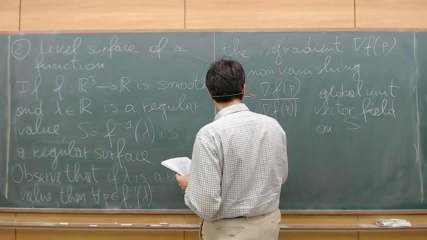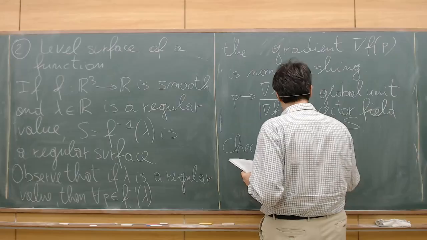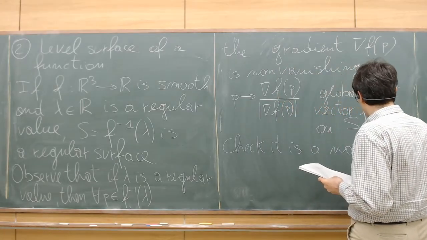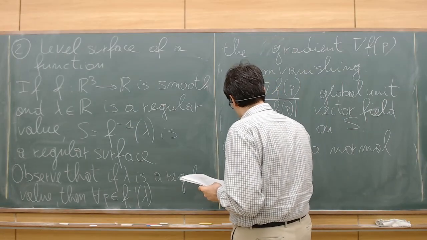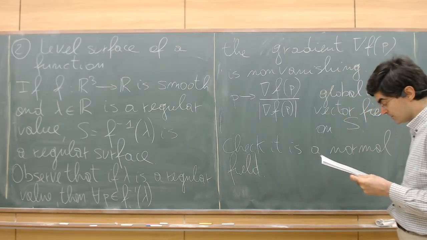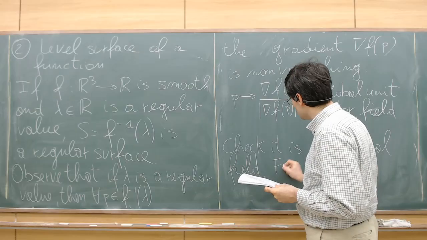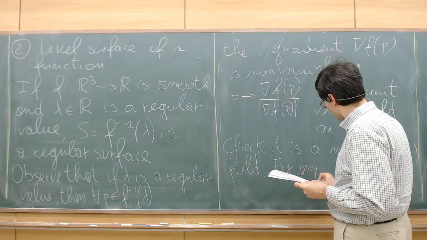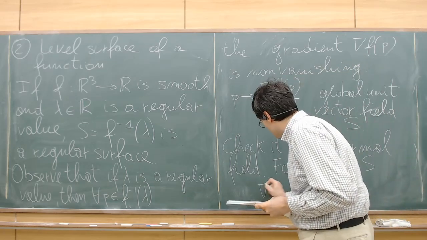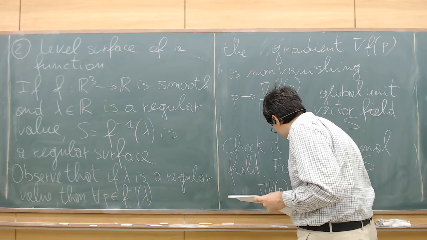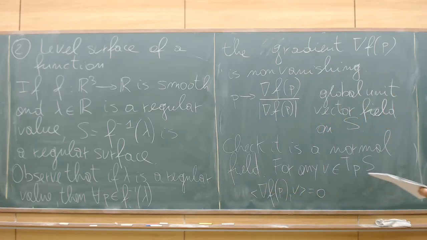How to prove this? So let's check. It is a normal field. So what I have to prove is the following. I have to prove that for all vectors v in TpS, the gradient of f at p multiplied by v is 0.